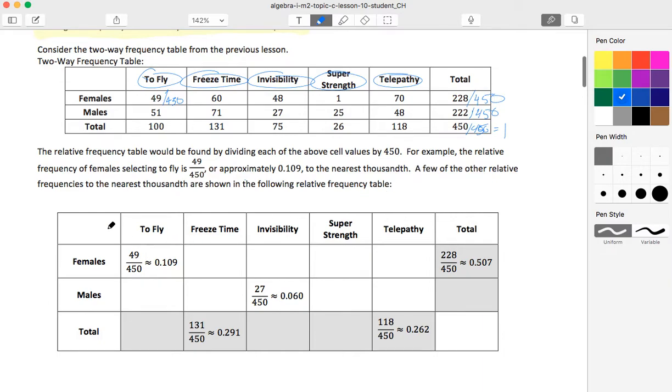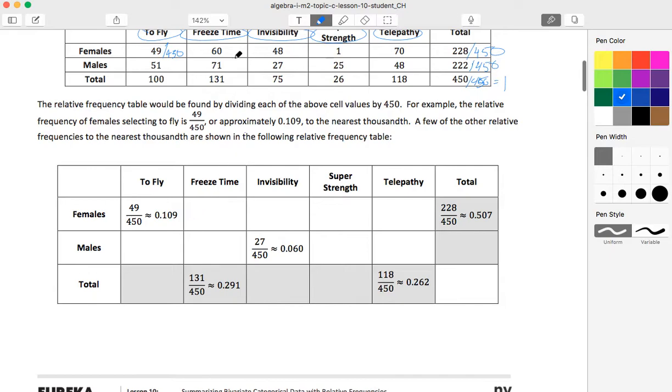A few of the other relative frequencies are shown in the table. So we would take 60 divided by 450, and 48 divided by 450. This is for invisibility in females, and that's going to equal 0.107.